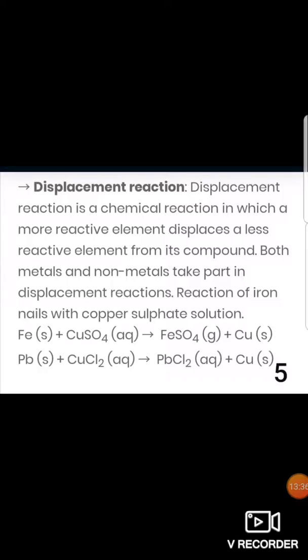So iron solid plus copper sulfate aqueous gives iron sulfate plus copper as products. When iron and copper sulfate react, they give iron sulfate and copper.